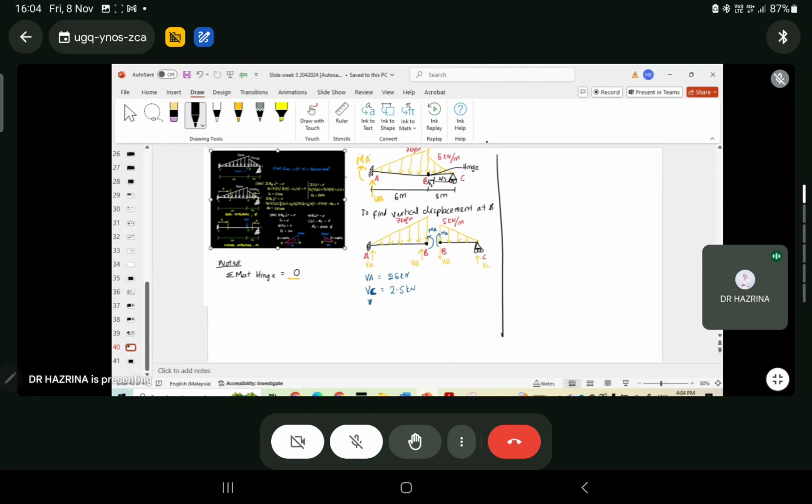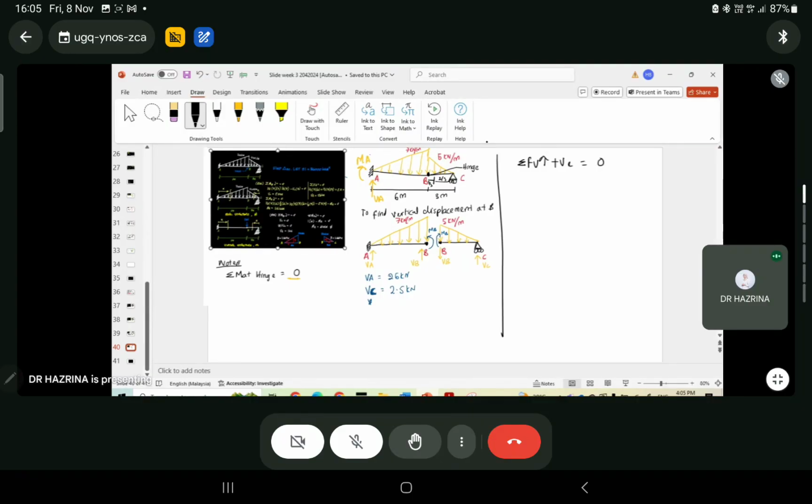Sebagai contoh, kita kira yang bahagian BC dulu. So kita akan dapatkan reaction VC lah. So dekat sini sama macam tadi, you akan guna summation of forces, vertical upward positive equals to 0.